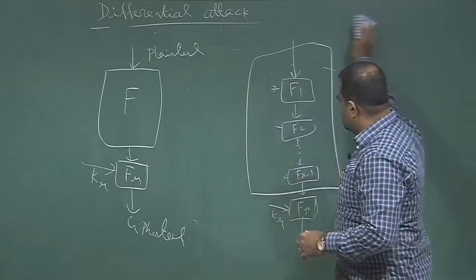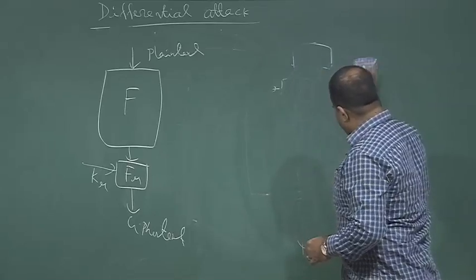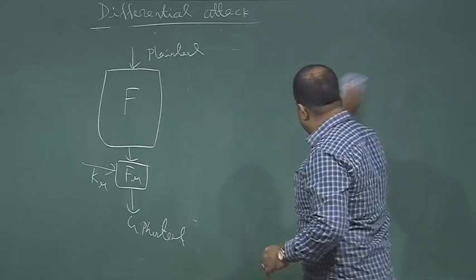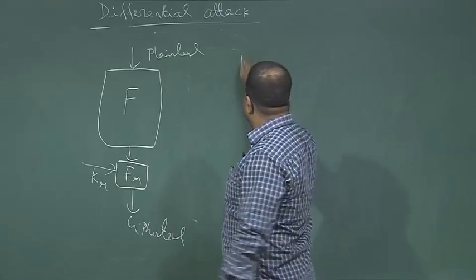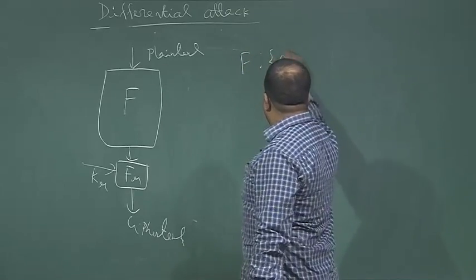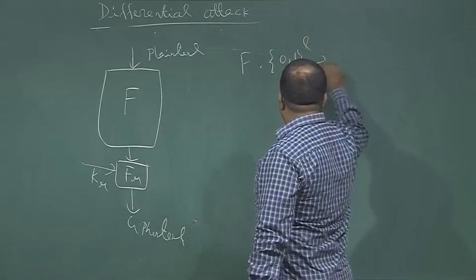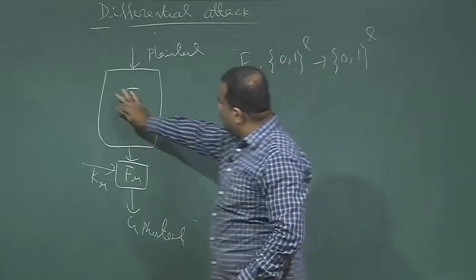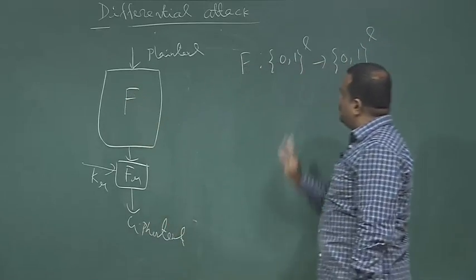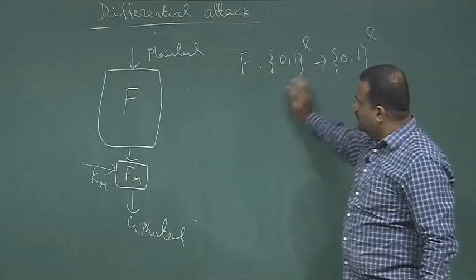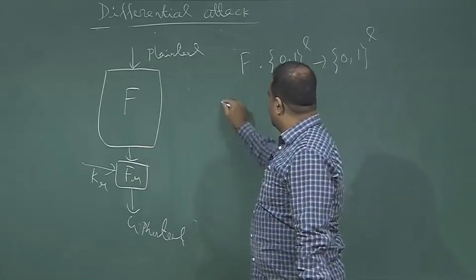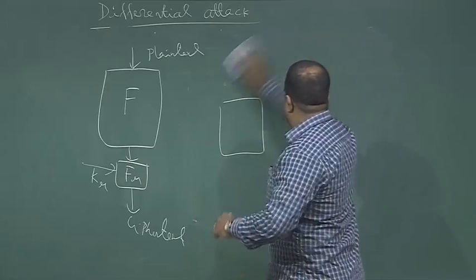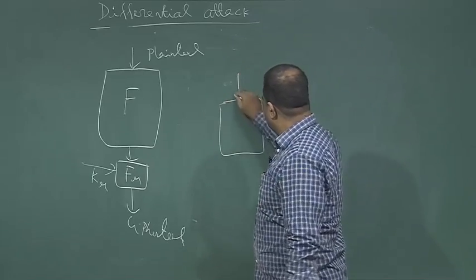So, for that let us define what a differential trial is. F is a function that takes L bit input to L bit output. We have the round keys inside, but we are not bothering about them now. We are only concerned about this input and this output. So, this is the F function.